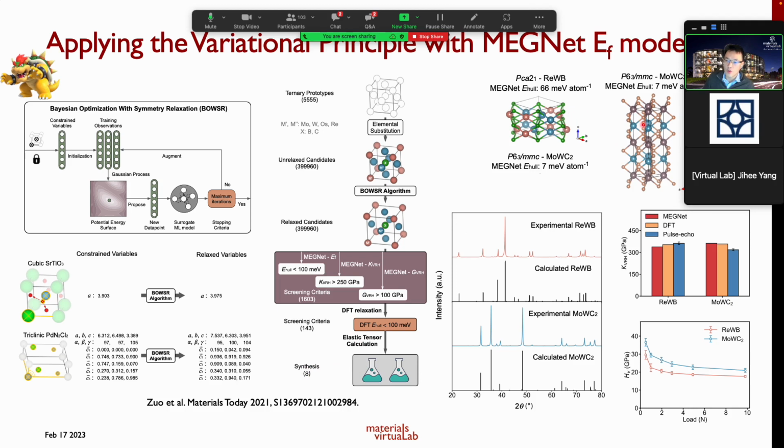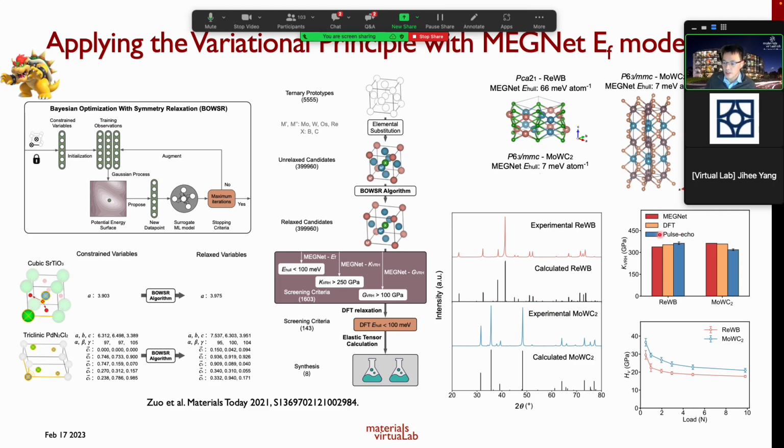So these are just 2 examples of the materials that were obtained experimentally. Okay, so there's this rhenium tungsten boride and this moly tungsten carbide structure. You can see that the experimental XRD pattern and the calculated XRD patterns are in very good agreement with each other.